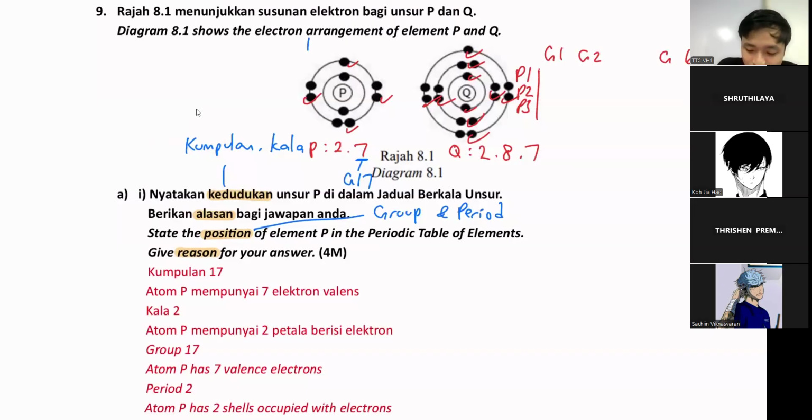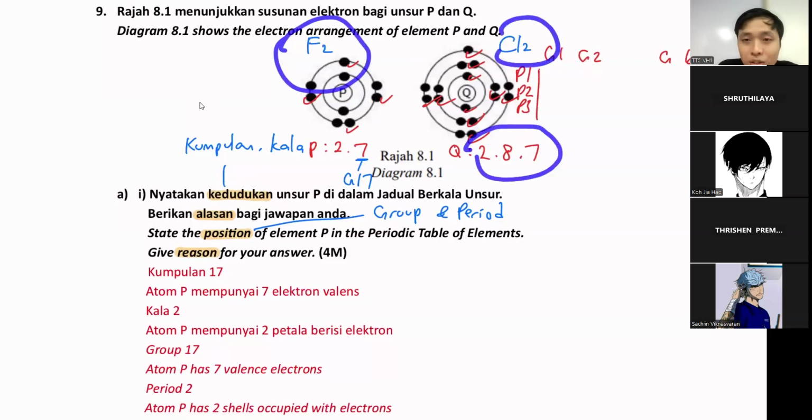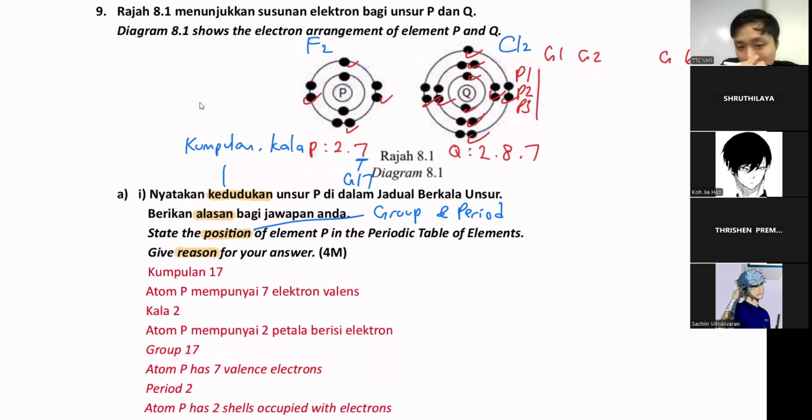Fluorine. Yes. No, Q is only chlorine. Yes, fluorine. 2.7 is fluorine, 2.8.7 is chlorine. After that, then bromine, then iodine.